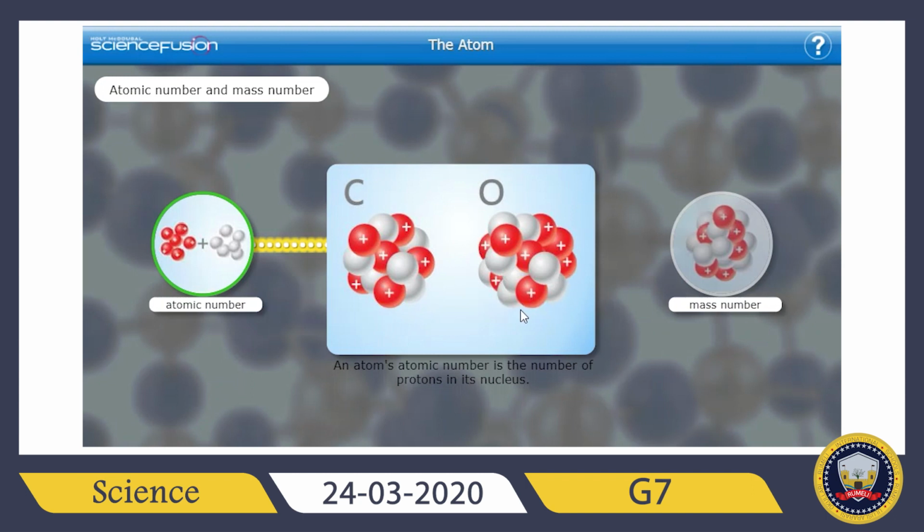The number of protons an atom has is important because it determines the element. For example, we have 1, 2, 3, 4, 5, 6 protons here. So 6 protons can only be found inside the carbon atom, okay, inside the carbon element.